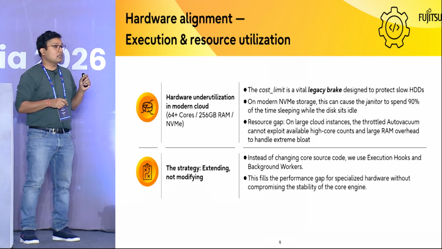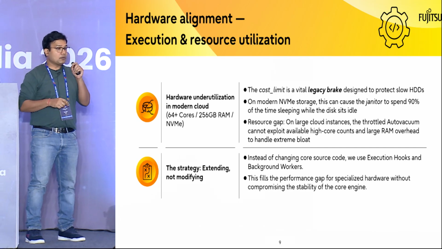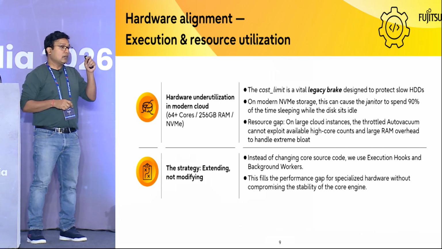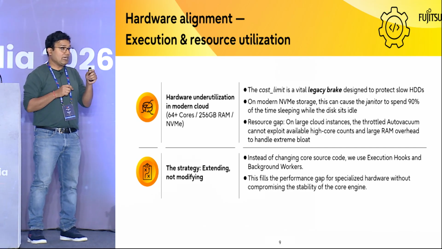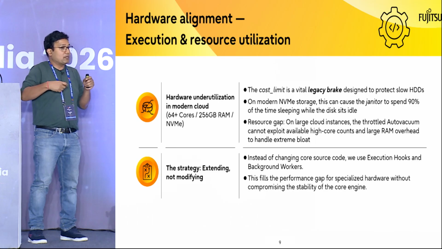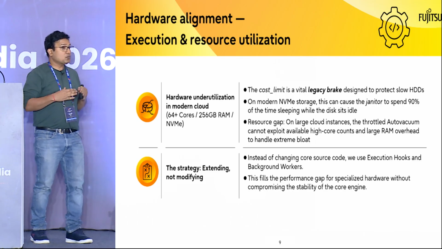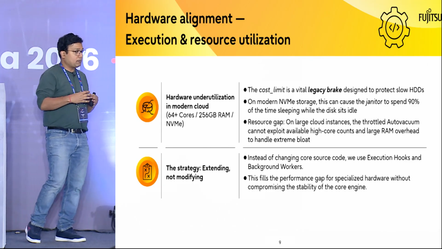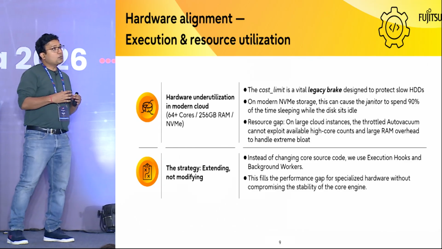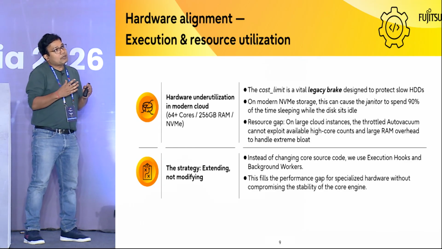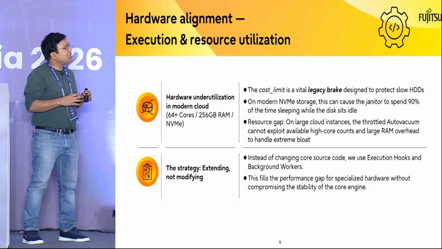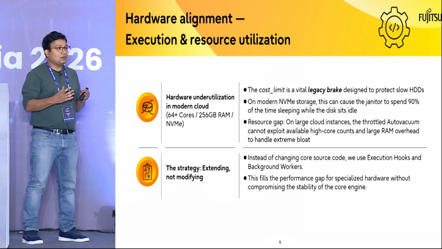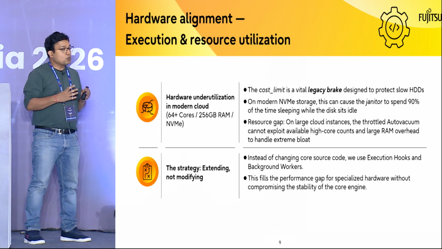What the cost limit is: every worker scans the pages to clean the dead tuples, so they have to read and write those pages from disk. Postgres maintained this idea because on typical HDDs, those slow spinning devices, reads and writes are very expensive in terms of milliseconds.